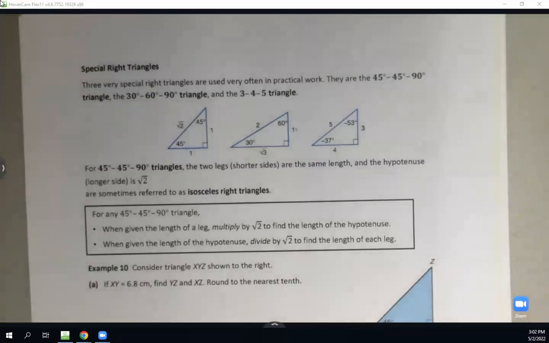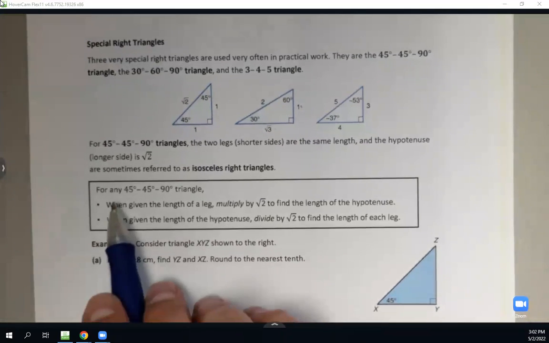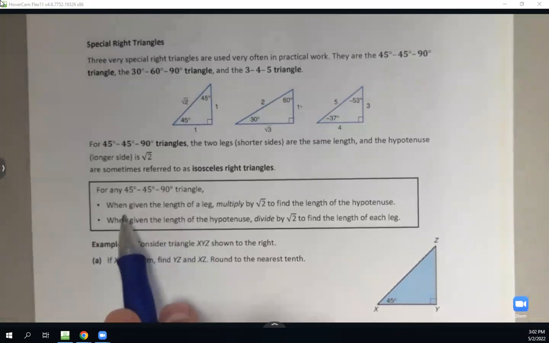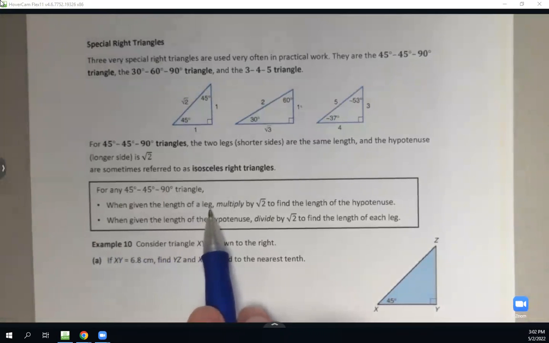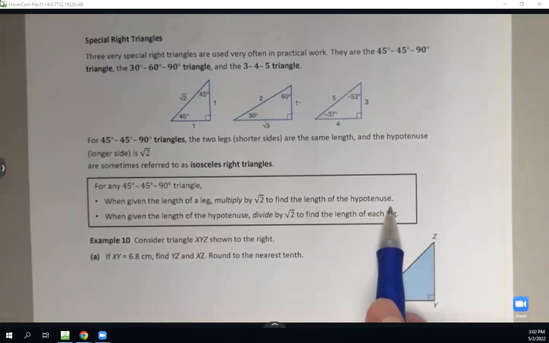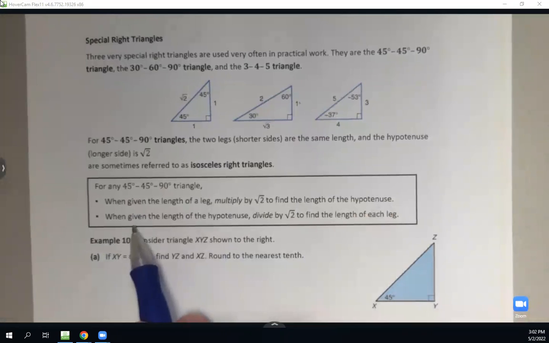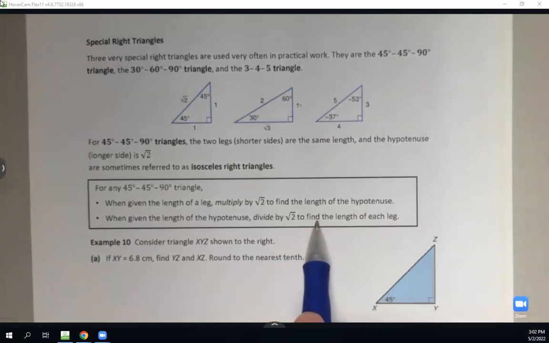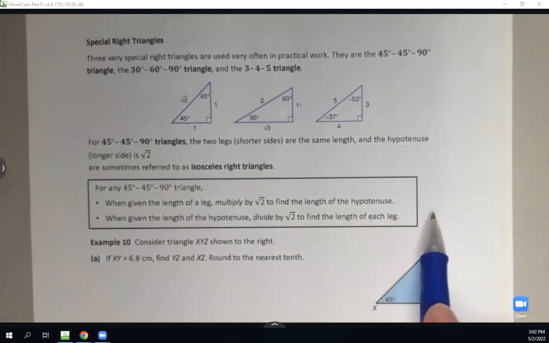For any 45, 45, 90 degree triangle, when given the length of a leg, multiply by the square root of 2 to find the length of the hypotenuse. When given the length of the hypotenuse, divide by the square root of 2 to find the length of each leg. Okay, does that make sense?